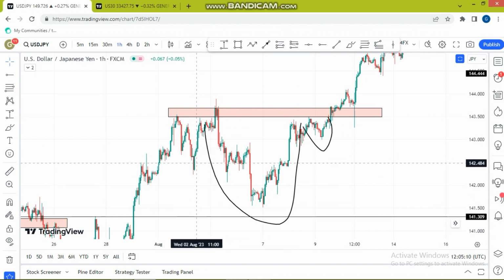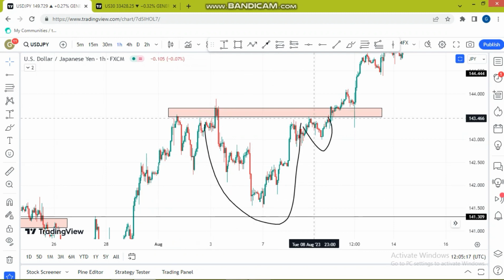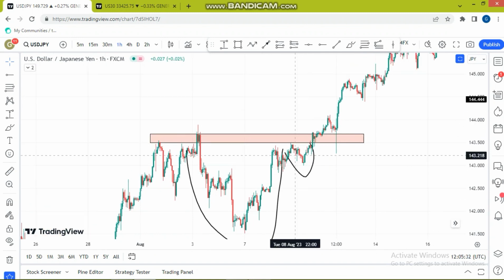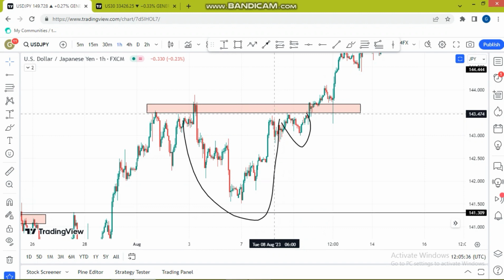Price came here, sold off here, came to this area right here, and sold off strongly to this area. And when price got back to this area right here, it didn't sell off strongly to this area. The sellers weren't that active in the market, so the buyers came in at this area. That's how the cup and handle pattern was formed.